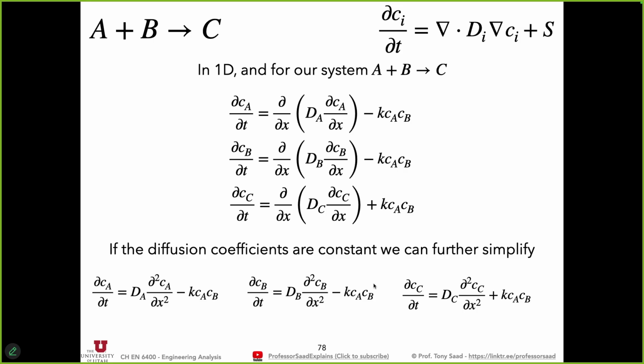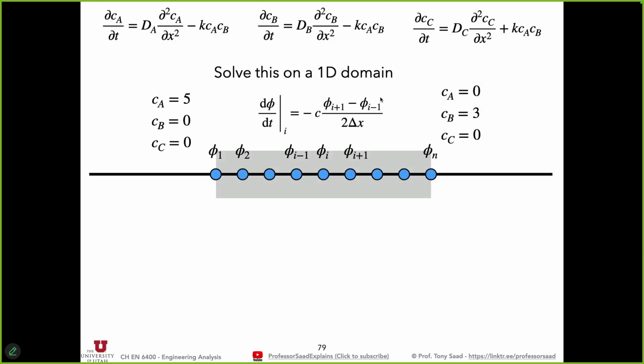There's no derivatives involved. But the complexity that we added here is instead of having one PDE, we have three PDEs now. So if we want to solve this on this domain with these Dirichlet conditions, 5 for the concentration of A on the left, and then 0 and 0 for B and C on the left, and then on the right 0 for A, and there's some value for B, and C is 0.